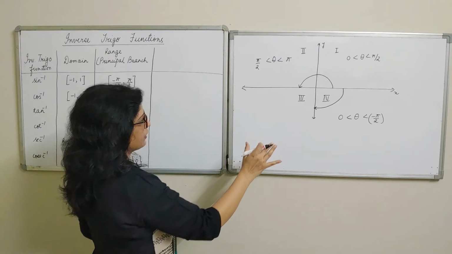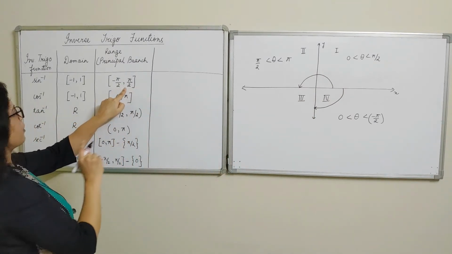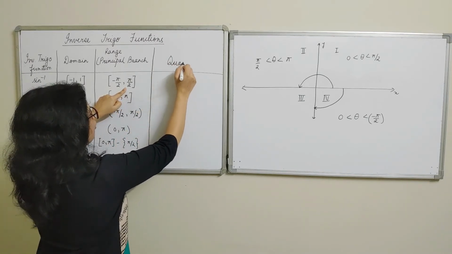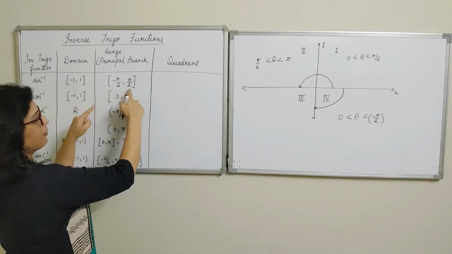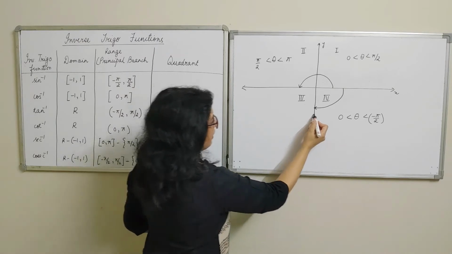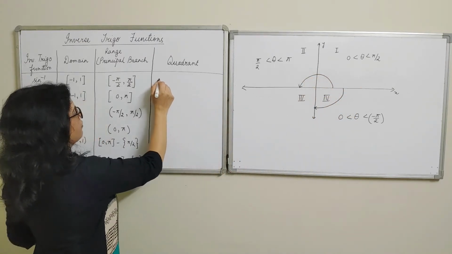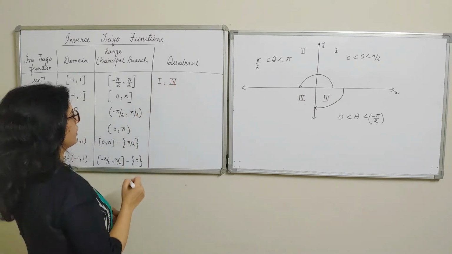So here you see that when we are referring to the principal branch of the sine inverse function, we can write down the quadrant in which these angles lie. So minus pi by 2 to plus pi by 2 means moving on from the negative y-axis to the positive y-axis. That means we have the first quadrant and the fourth quadrant.